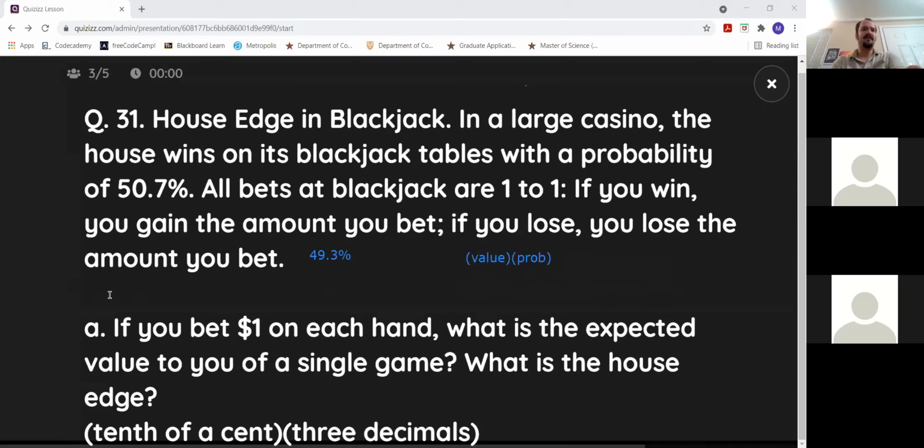If you're the player, I hope you got a negative amount. We're gonna win $1 with probability 0.493, and we're going to lose $1 every time the casino gets it. I forgot my addition sign in here.